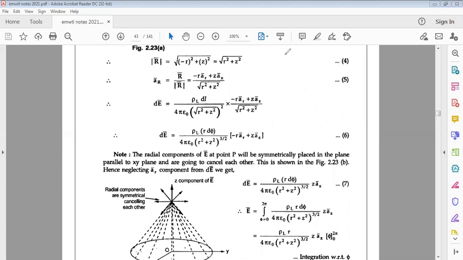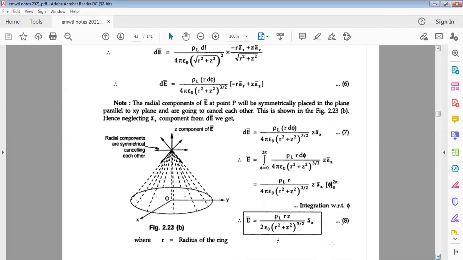We are taking the line on the z axis, and here we are taking the line on the circular ring, with the radial components. So the R bar component is eliminated in the dE bar, and there is no aR bar function.